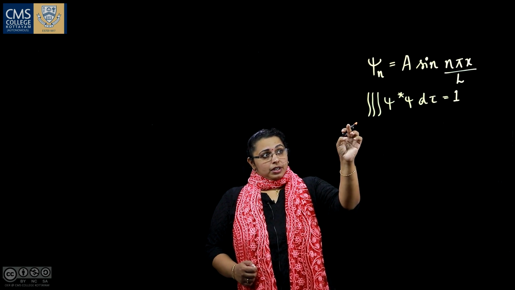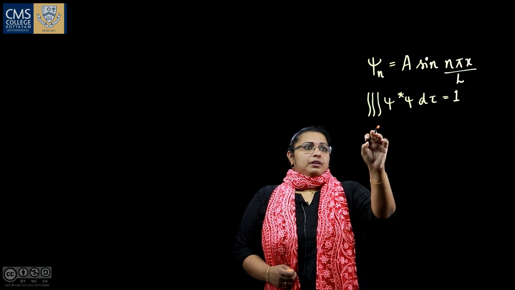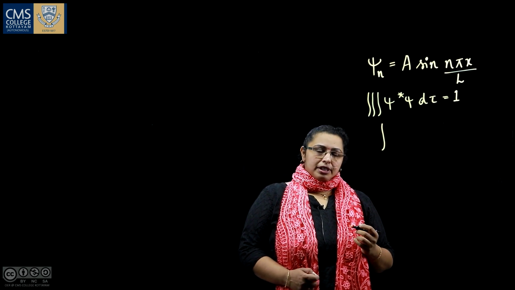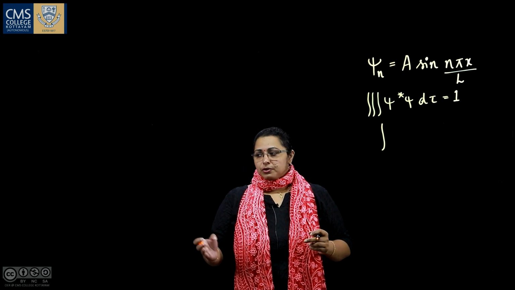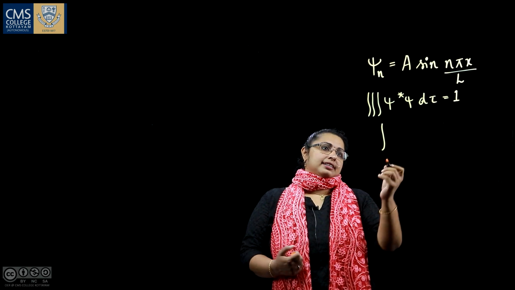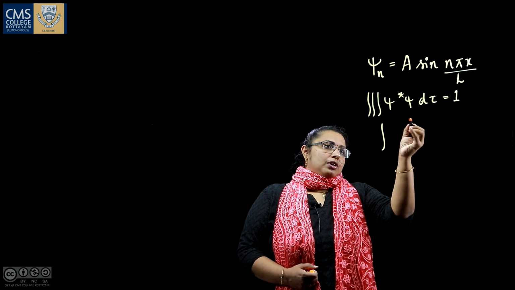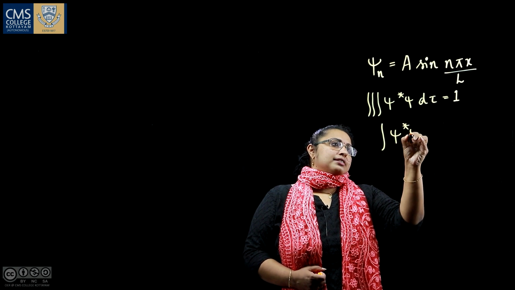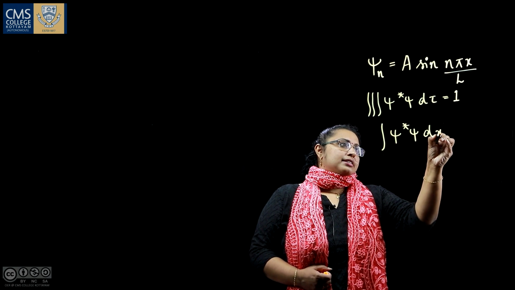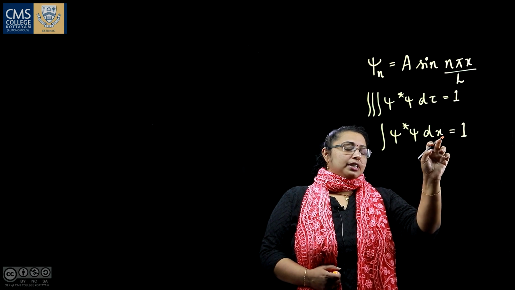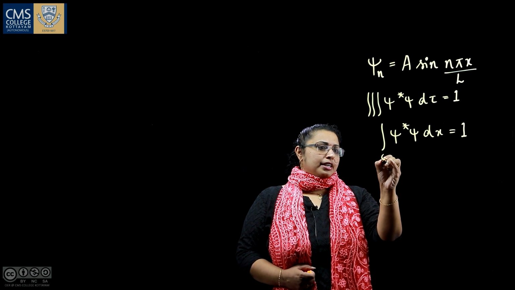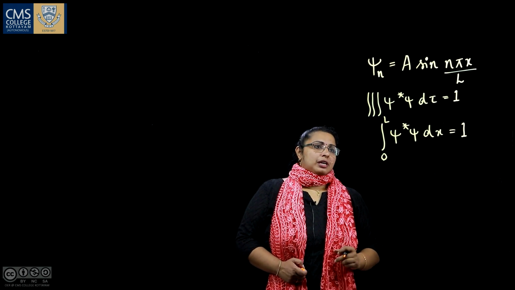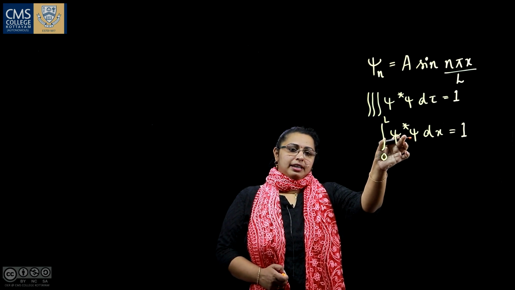Now, according to our system, we will have only a single integral, because you have got only a single direction, that is x. So our equation will be integral psi star psi dx is equal to 1 with the limits of x from 0 to L. Now you have to substitute the value of psi star psi in this.